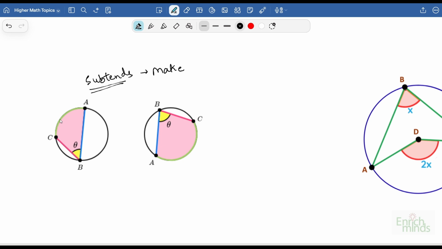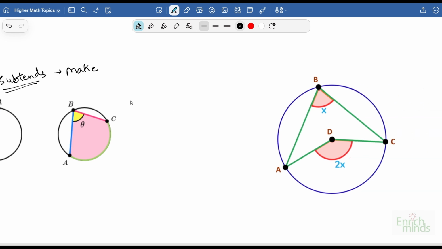So if I am talking about the arc AC, it's making this angle theta at the point B. So here I say the arc AC subtends the angle at the point B. Similarly, this arc AC is subtending the angle theta at the point B here. So that's what we mean by the term subtends.